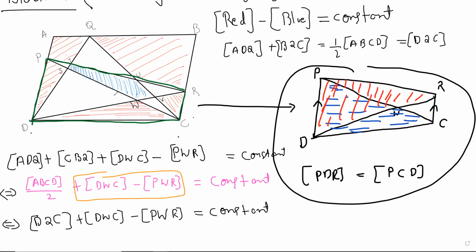See, so PDR and PCD. They have the same base PD and they have the same height. It's a trapezium. Right? They have the same height because they are between two parallels. Yeah, that's the thing about trapeziums.